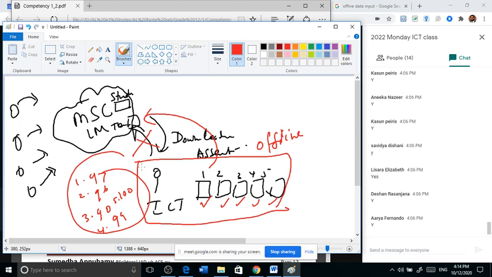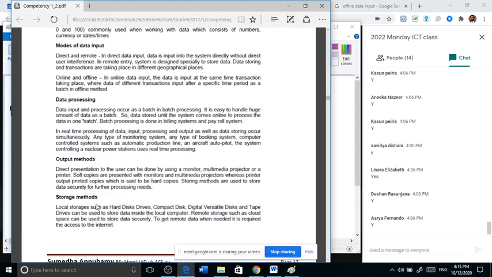At the same time, when you perform the input, according to that it will perform the necessary process. Offline means what you are having with your computer: you are not connecting with the relevant system, but you are doing the necessary transaction, and after that you are connecting with the system. So offline and online, right. Look here, another: in online data input, the data is input at the same time, transaction taking place.